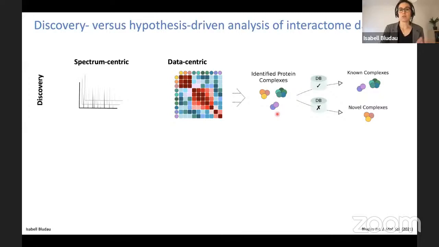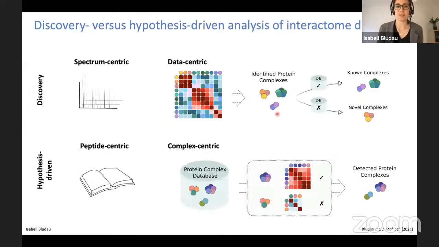However, we can also look at the interactome data from a hypothesis-driven direction. Here we can first look again at the peptide-centric analysis approach in DIA, where we start from a spectral library, where we have all the information about our peptides of interest and the fragment ions that we want to look for. We then go into the data and try to find evidence for these peptides in our data.